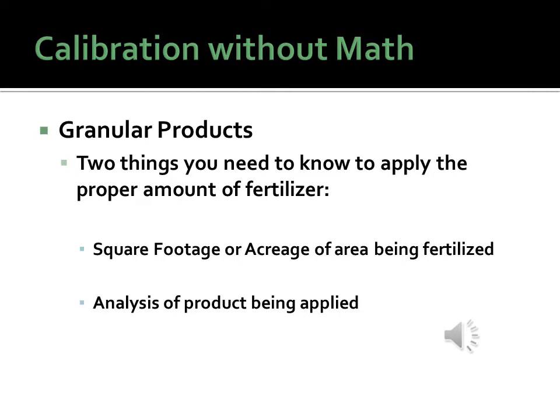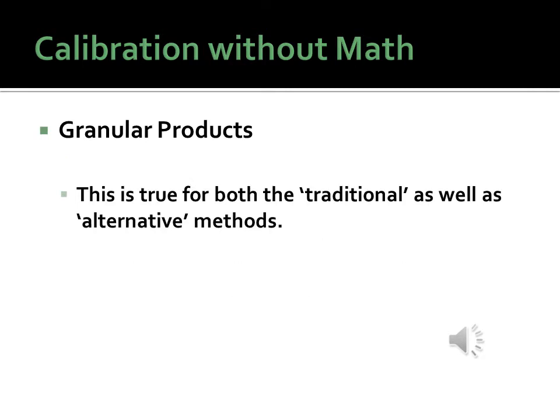You give the customer a quote, hey, I can fertilize this yard for 50, 60 bucks. You're getting your square footage. This is true for both traditional as well as alternative methods. You need to know square footage and you need to know your product analysis.